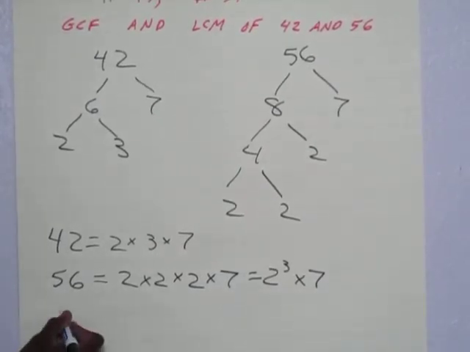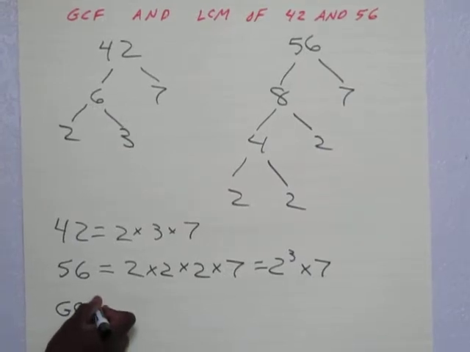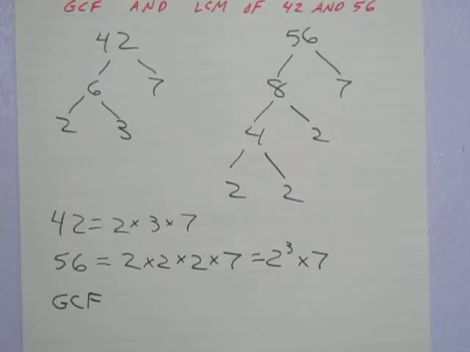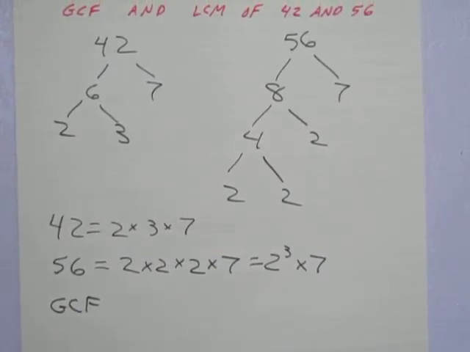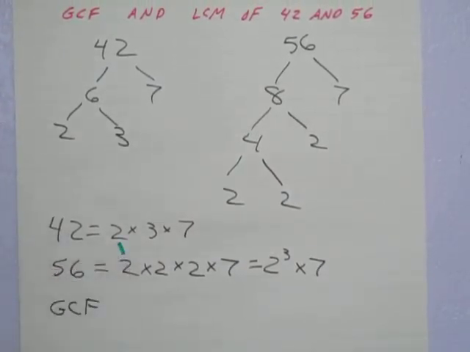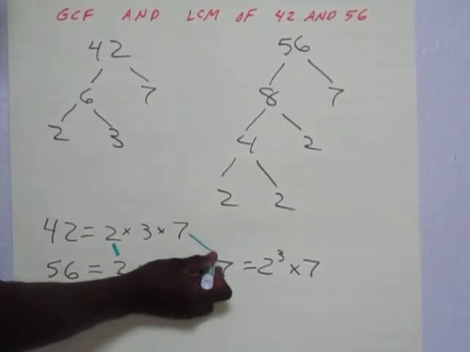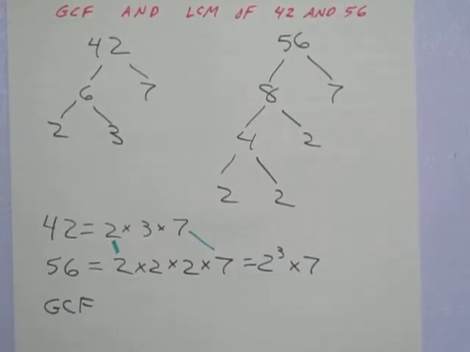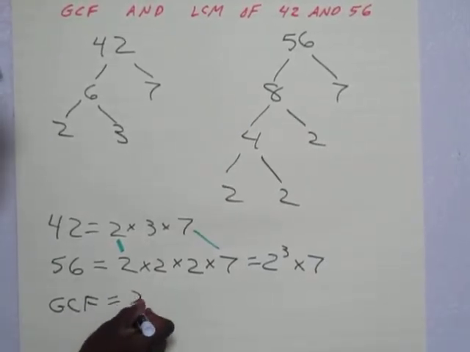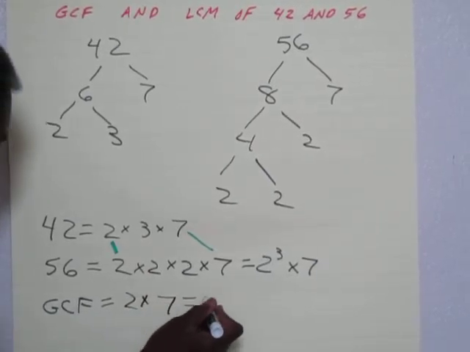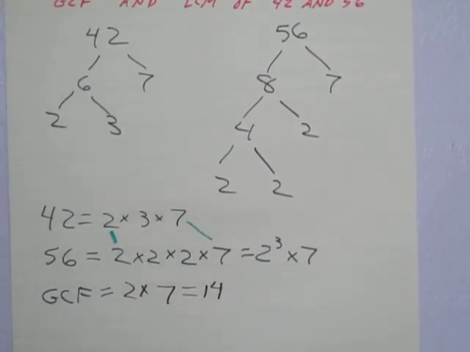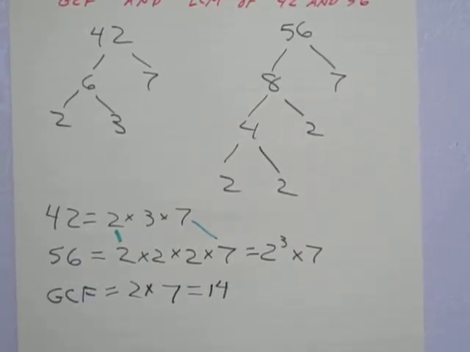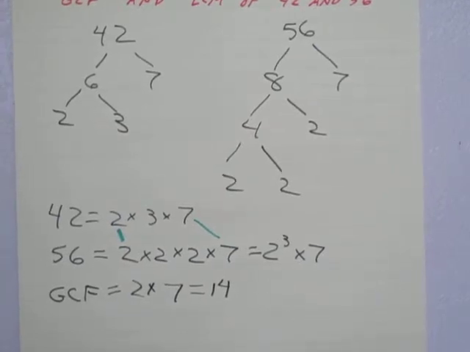Now, the greatest common factor, what I want to do is match up as many factors as I can. And I notice I can pair up a 2 and I can pair up a 7. So the greatest common factor is 2 times 7, 14. Now what that means is that's the largest number that will divide evenly into both 42 and 56.